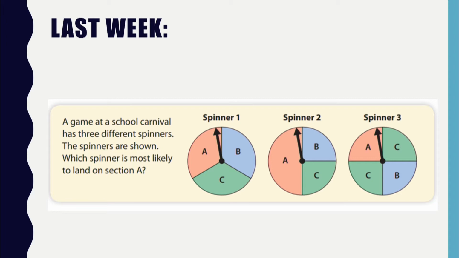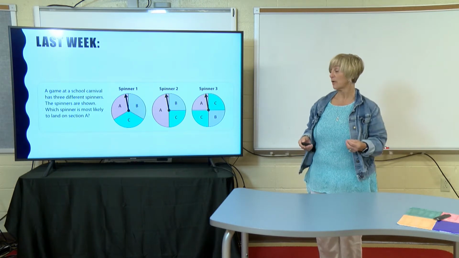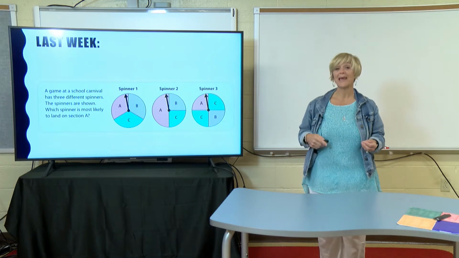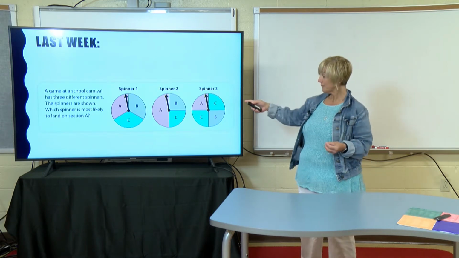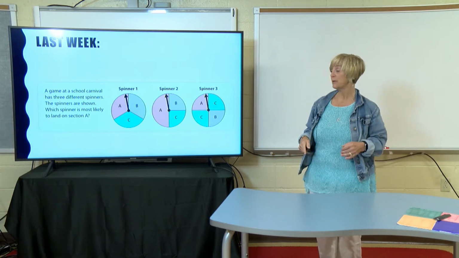In our first spinner, A, B, and C are equally distributed, so each time you spin, you have a 1/3 chance, a 1 out of 3 chance of getting an A. On spinner 2, A is half of the spinner, so you have a more likely chance to spin an A because it takes up half of the spinner.